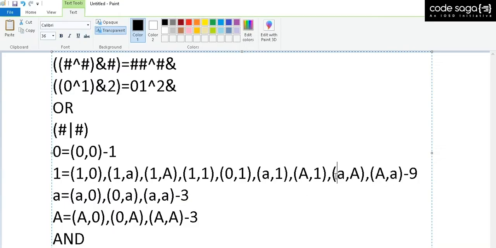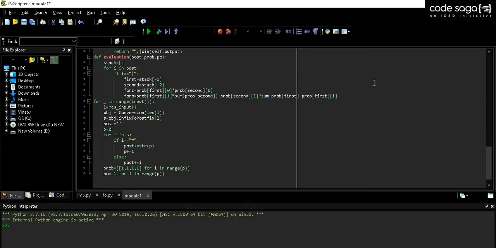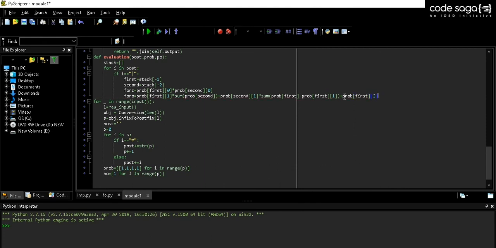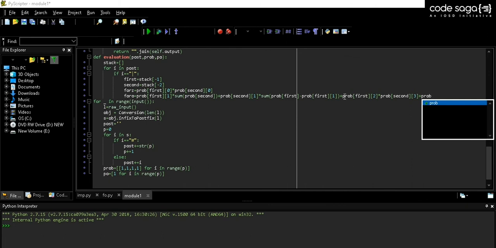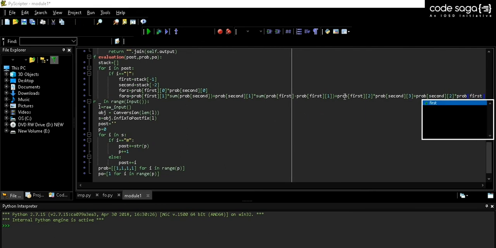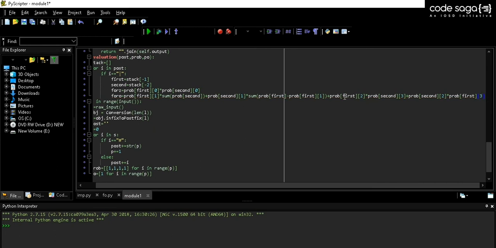Now we have two other cases, these two. So we'll quickly do this with plus probability of first A, second is A and the third is capital A, similarly plus probability of... so this will be the probability for 1.